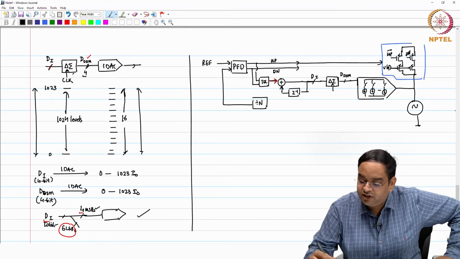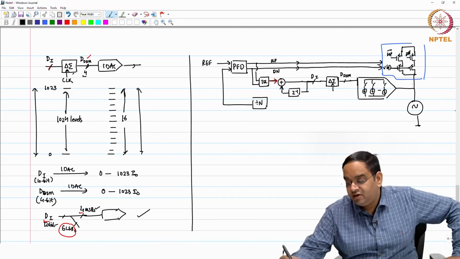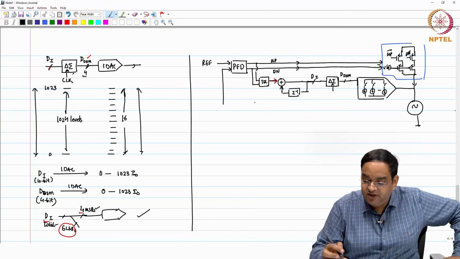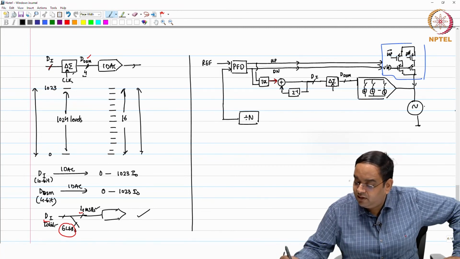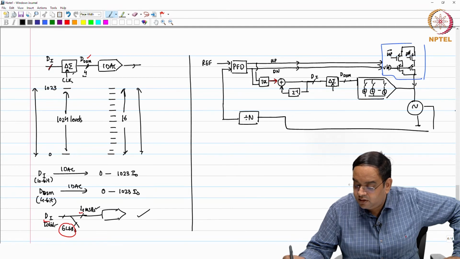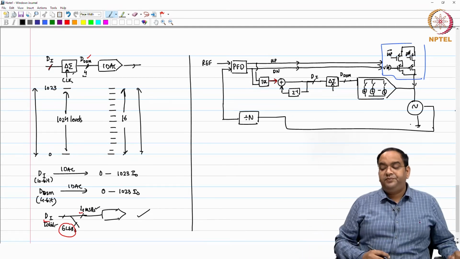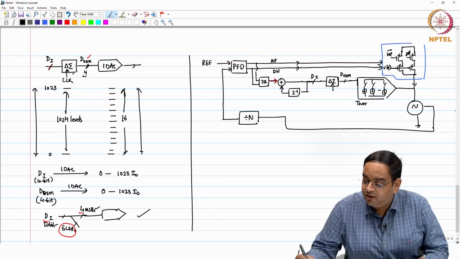So, these two signals come here. What we have done so far is we have simplified, or you can say we know how to control our PLL using these current DACs. So, this is the thermometer DAC.